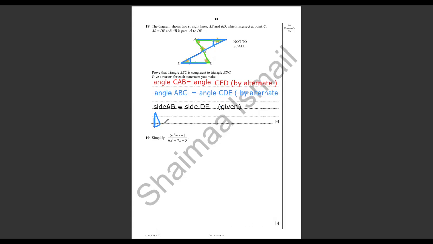Triangle ABC congruent to, congruent means equal in sides, equal in angles, triangle EDC by angle, side, angle.